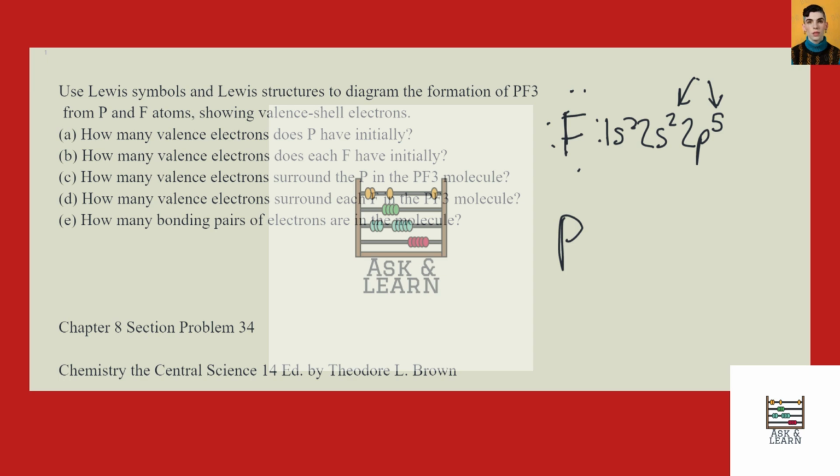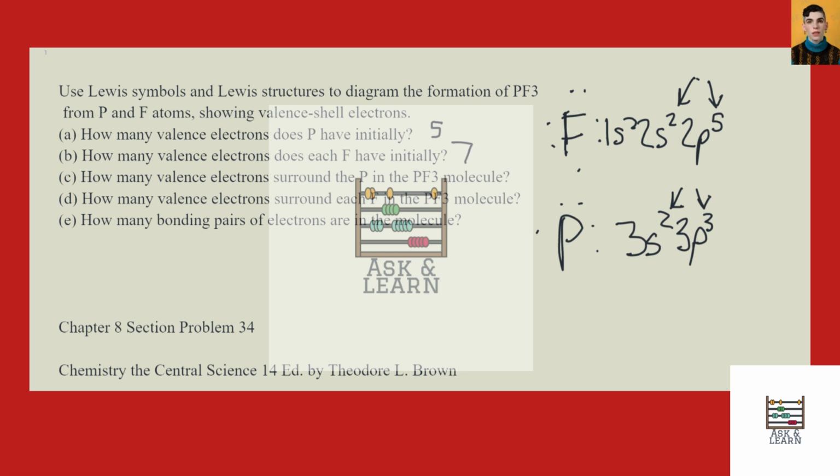And so since phosphorus's next shell, the valence, has 3s2, 3p3, it will have 2 plus 3, or 5 valence electrons. And so the answers to A and B are 5 and 7, respectively.